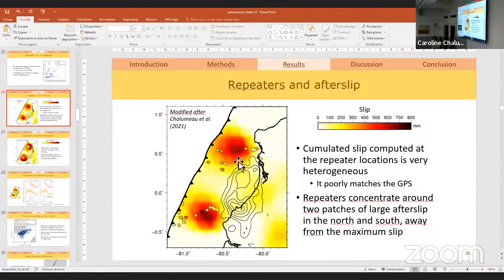Yeah, so as far as I'm aware, there's definitely one paper by Mavromatis that looked at this long-term. They modeled the slip that was occurring before the Tohoku earthquake, and they used both repeaters and GPS.